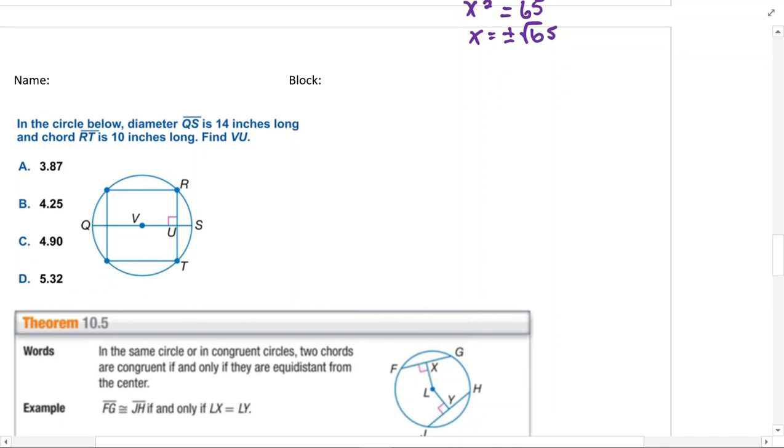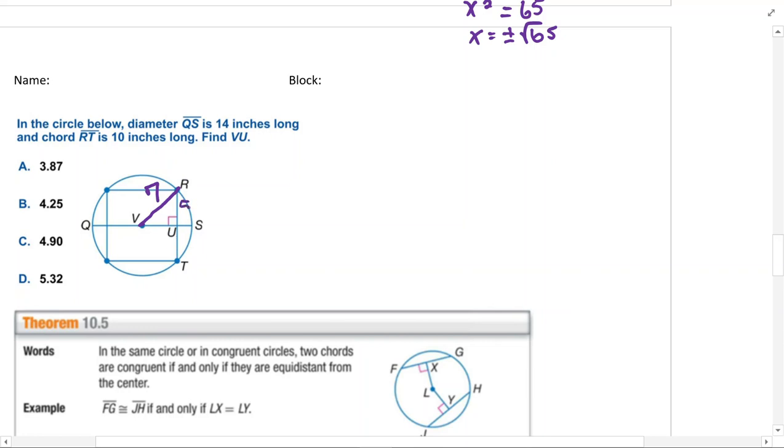In the next problem, we're told the diameter QS is 14 inches long, which makes the radius 7 inches long. We're told that chord RT is 10 inches long. The diameter is perpendicular to that chord, so the diameter cuts it in half.